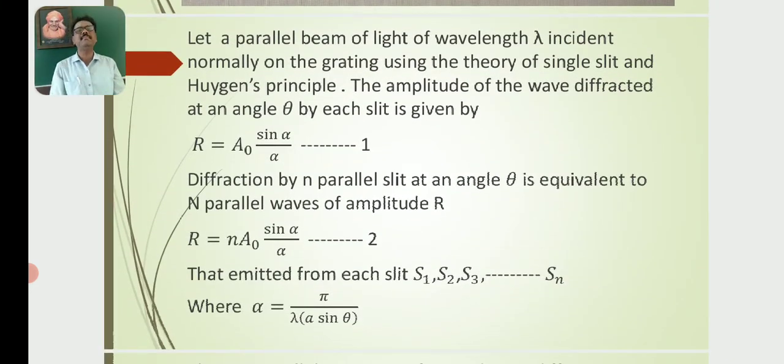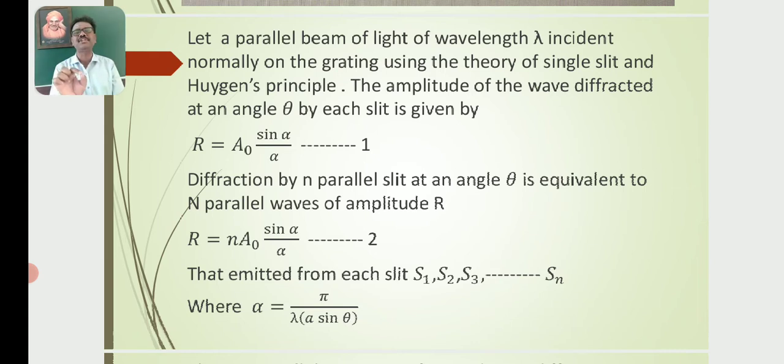Let a parallel beam of light of wavelength lambda be incident normally on the grating. Using the theory of a single slit and Huygens principle, the amplitude of the wave diffracted at an angle theta by each slit is given by R equals A naught sin alpha by alpha.